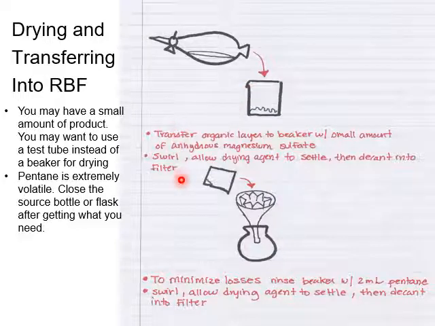To know how much magnesium sulfate must be added to your liquid product to dry it, you need to add magnesium sulfate to your mixture, shake your mixture, and when you see some extra powder of magnesium sulfate, it means that's enough.